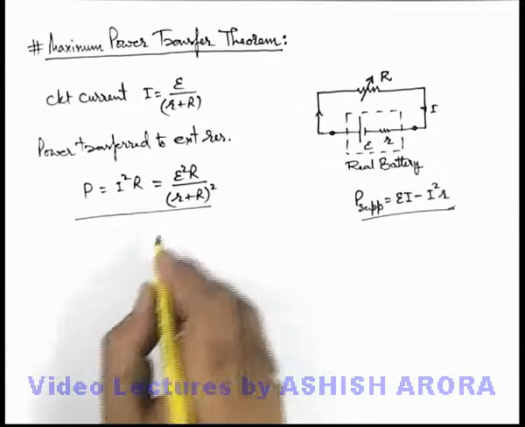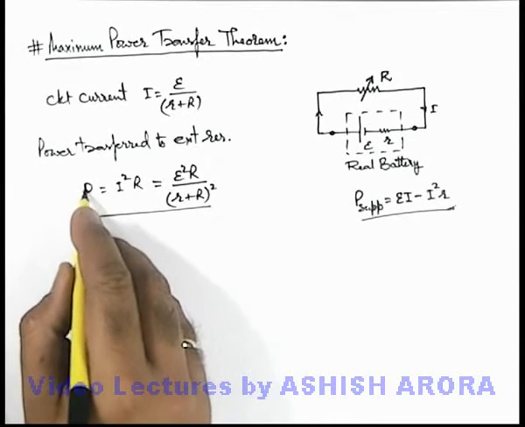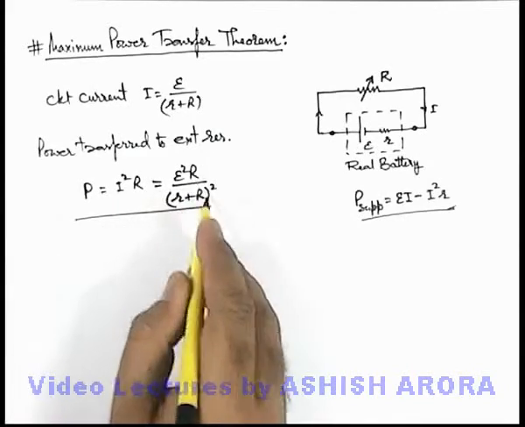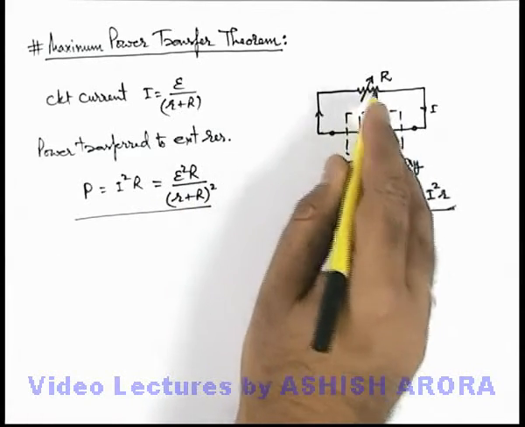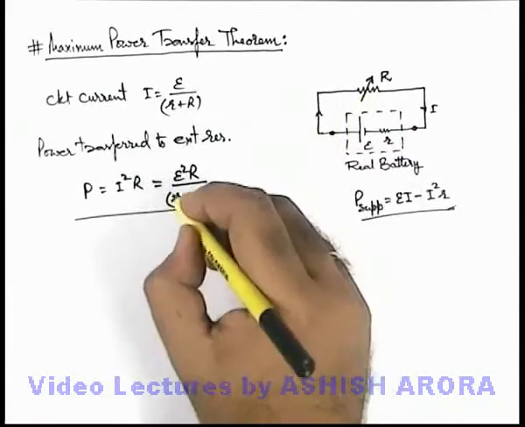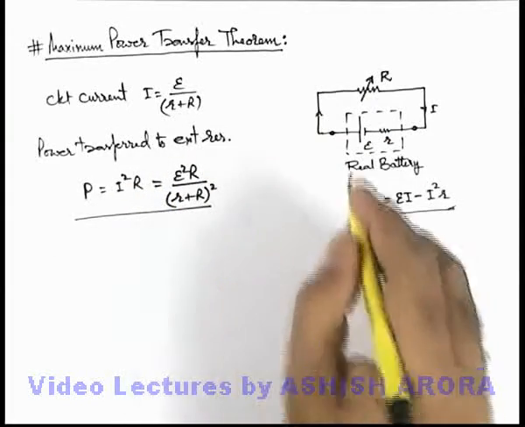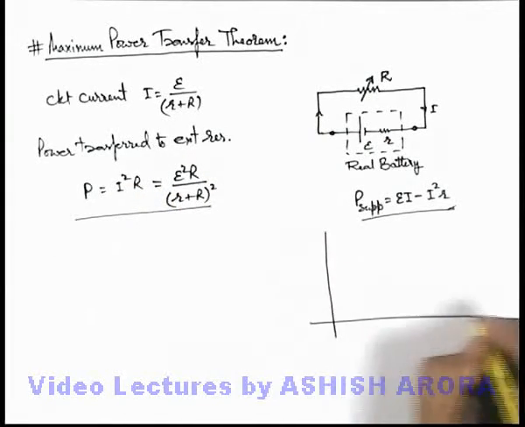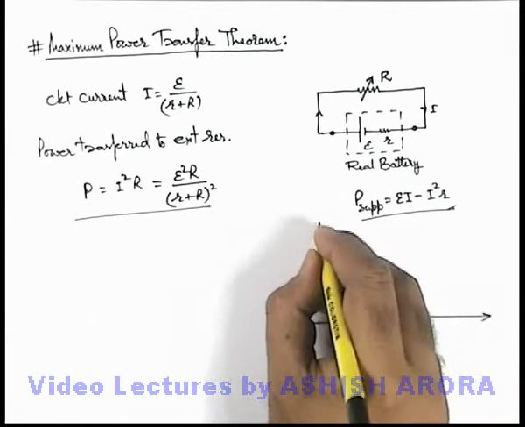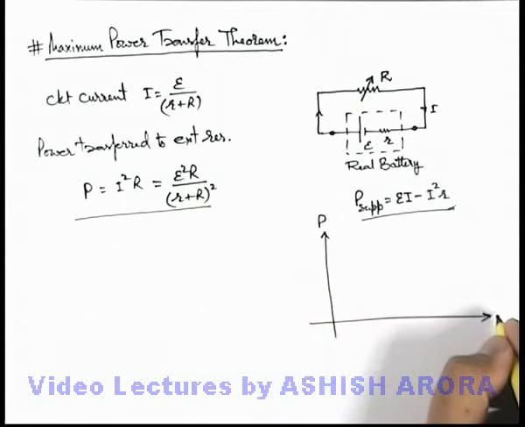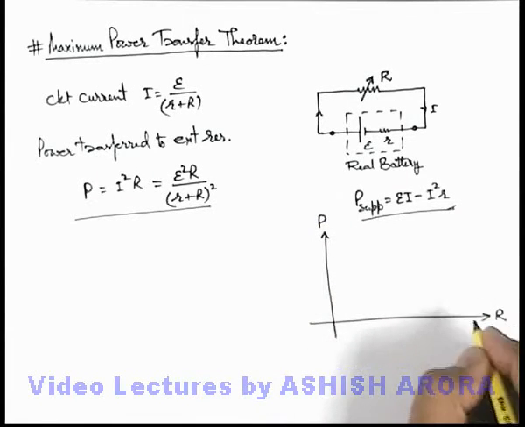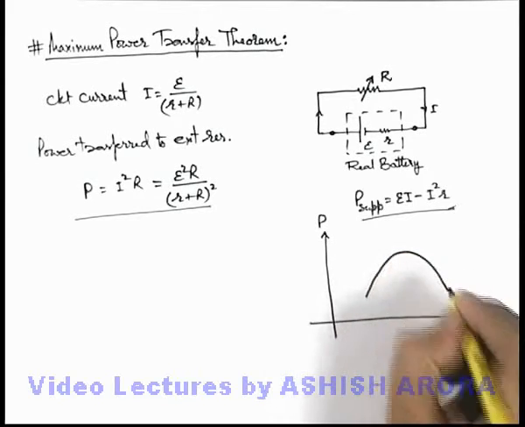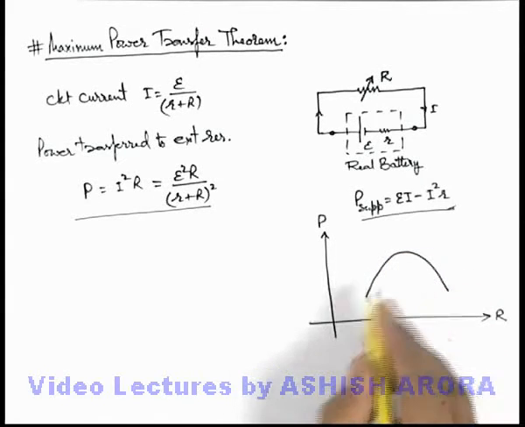Now here we can see the value of the power consumed by the resistance depends on the value of R. As R is variable, on changing the value of R, P also changes. And if experimentally we plot the curve showing the variation of this power with resistance, approximately the curve looks like this.